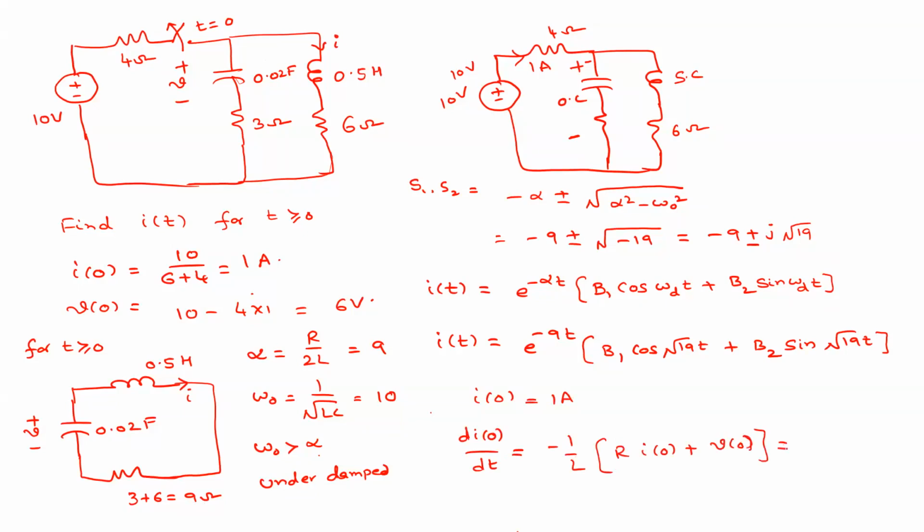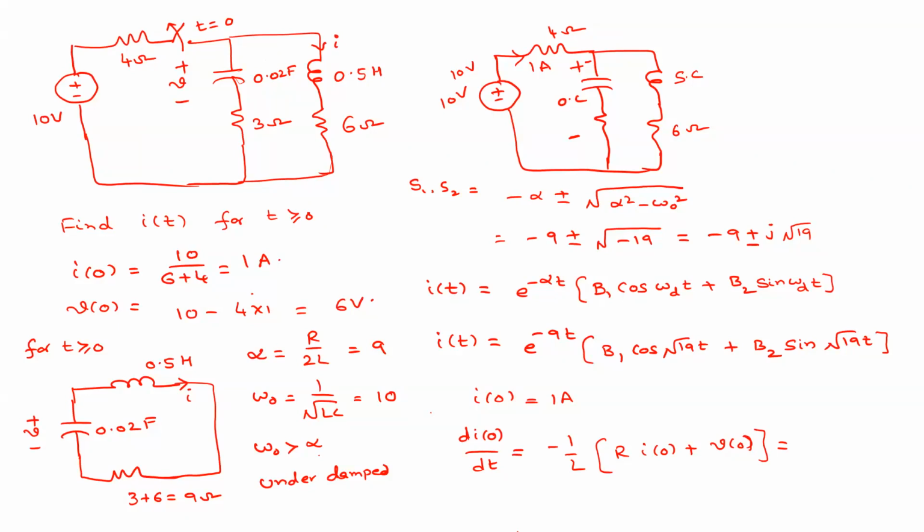So what is this value? R is 9, right? 9 into I of 0 is 9, plus 6. How much is V of 0? 6 only, right? Is this plus or minus? Plus only.